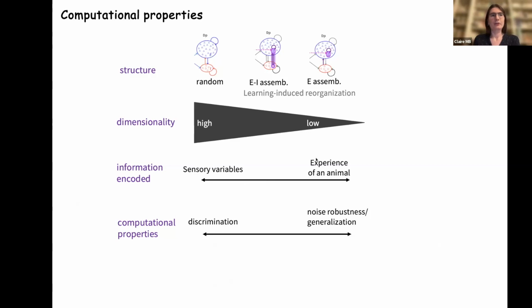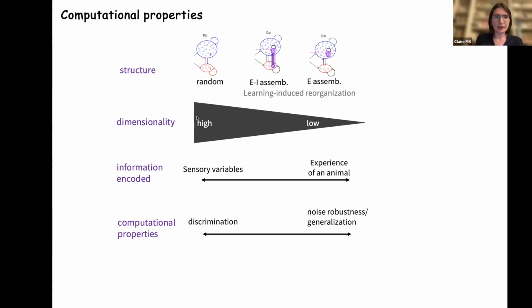In networks with excitatory assemblies, this information about the external world or the sensory variables is lost, and each memory formed by an animal is stored as a discrete item.